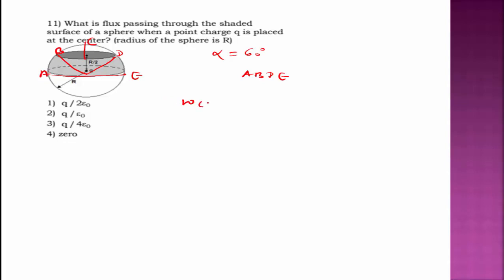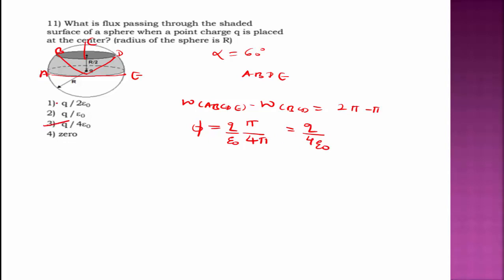Then the solid angle from ABCDE minus from BCD is equal to 2 pi minus pi, pi is 180 degrees. Therefore flux through this ABDE, using Gauss law, electric flux is equal to Q divided by epsilon naught, pi divided by 4 pi. It is equal to Q divided by 4 epsilon naught. Option 3 is the right answer.